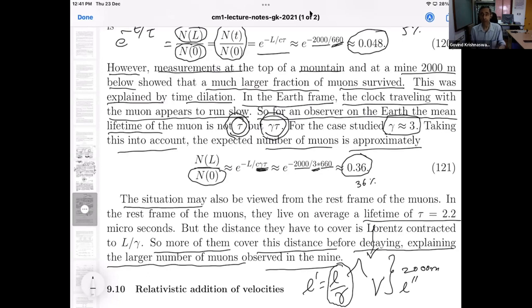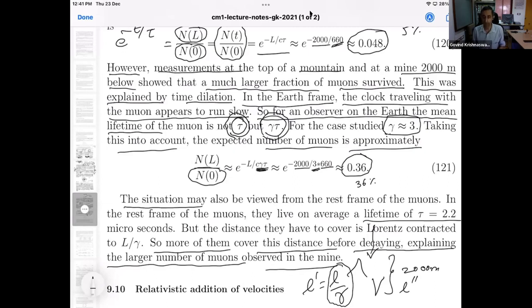Okay, so what is the invariant quantity here? The invariant quantity is what you measure, that is the flux of muons in the mine shaft relative to the flux of muons at the top of the hill. So this is an experimentally determinable number that you have to predict whatever method you wish to use, whether you want to work in Earth's frame or in the muon's rest frame.